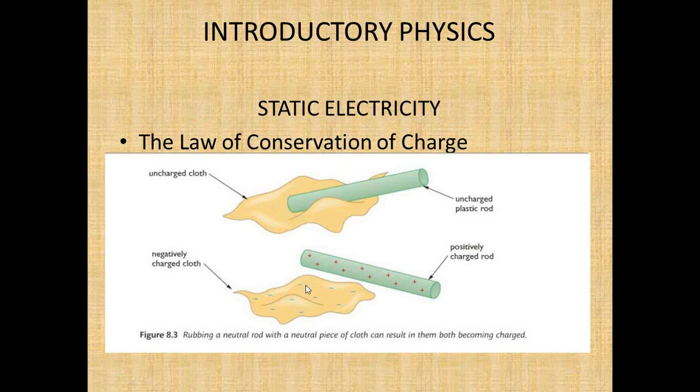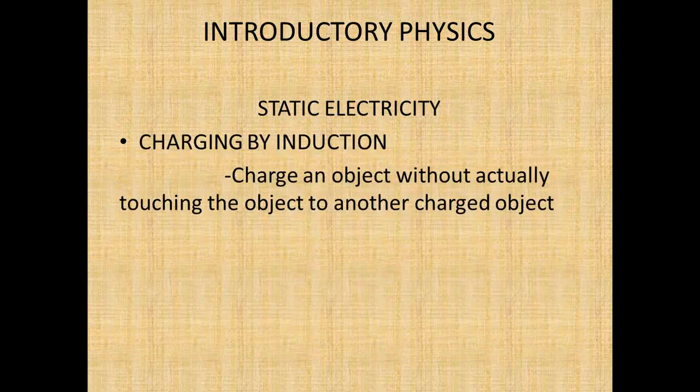The net charge after is still zero, because you have an excess of 10 protons and an excess of 10 electrons. So when you combine them electrically, the net charge is zero. And we start with zero charge because these are uncharged objects. Okay, the law of conservation of charge.